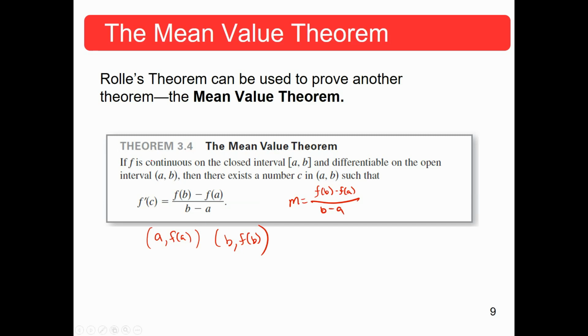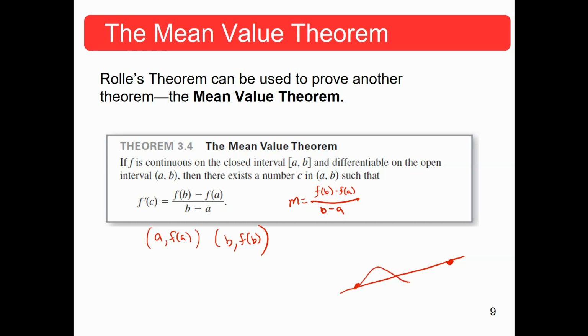So what the mean value theorem tells you is that somewhere in the interior between a and b, there's a point whose tangent line is parallel to the secant line that goes through the endpoints a and b. I've got a secant line that goes through both of them, okay?